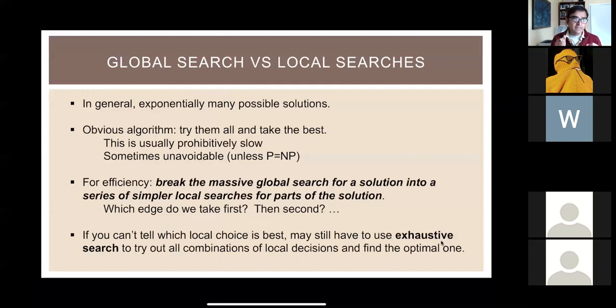So rather than saying, let's look at entire trees and find the best one, we'll say, let's actually build up a tree. We'll put in the first piece, and then we'll put in the second piece, and so on. And so we'll think of this overall solution as being composed of a bunch of smaller local solutions.